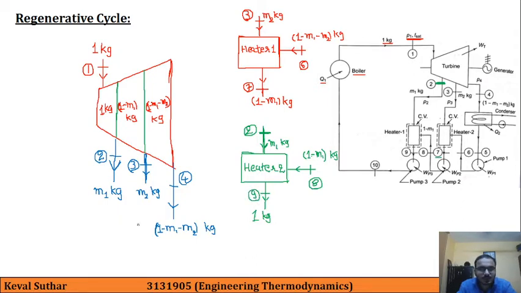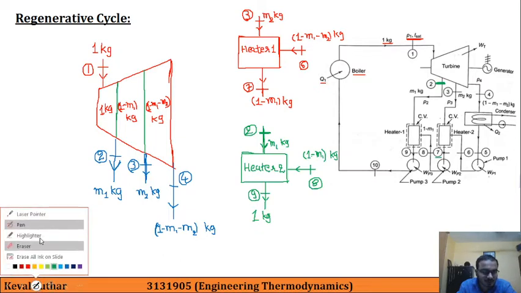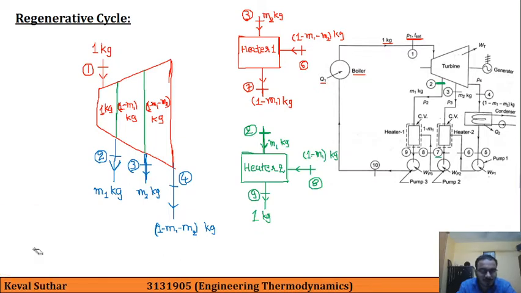There is one more thing, there is a correction that I need to make. The names of the heaters are reversed, that is, first we have discussed heater 2 and then we have discussed heater 1.